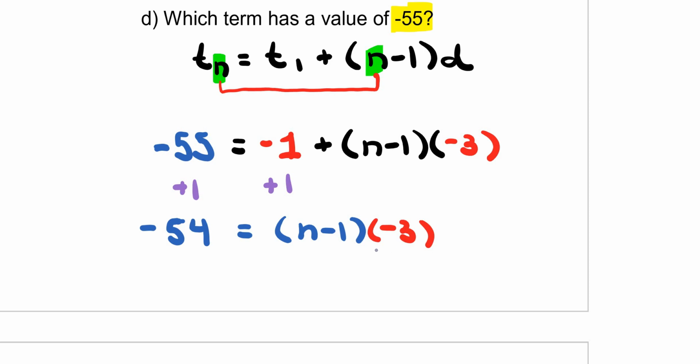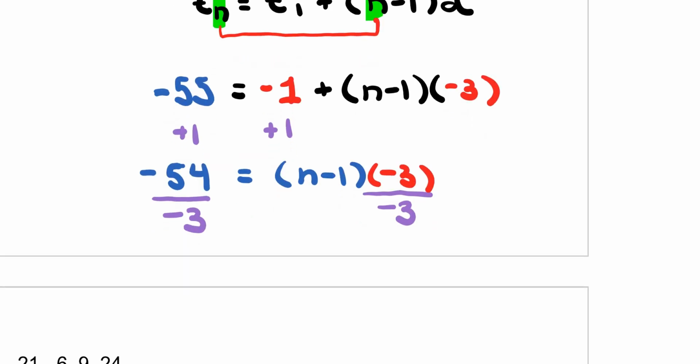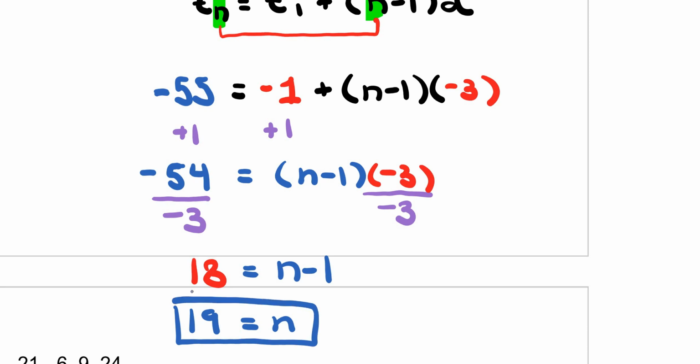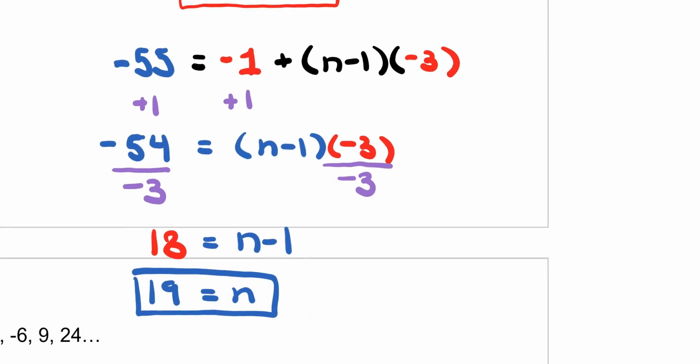In fact, I recommend that you divide by negative 3 and divide that side by negative 3. And negative 54 divided by negative 3 should give you a nice value of 18. And then on the left-hand side, you just have your n minus 1. And then if you add the 1, you get 18 plus 1, which is 19. So the 19th term in the sequence has a value of negative 55.